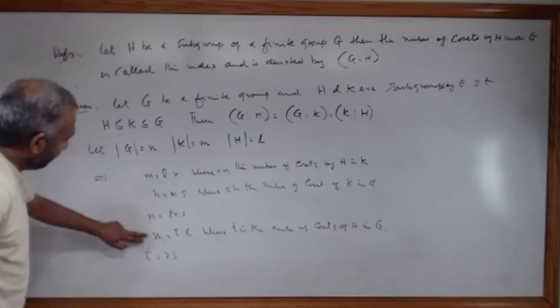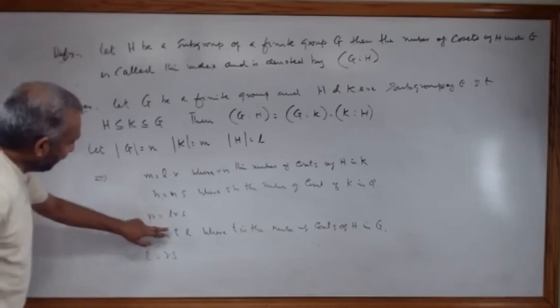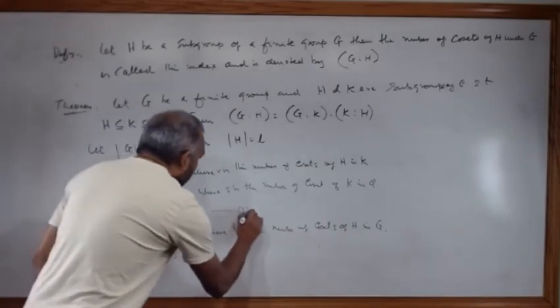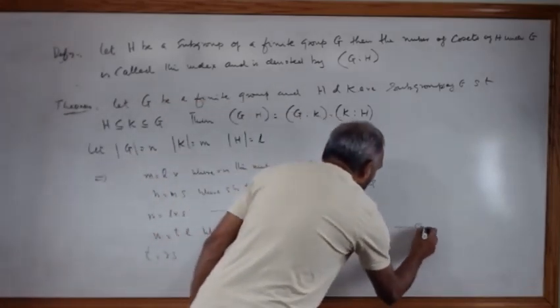Both are n. So t is equal to rs from 1 and 2.